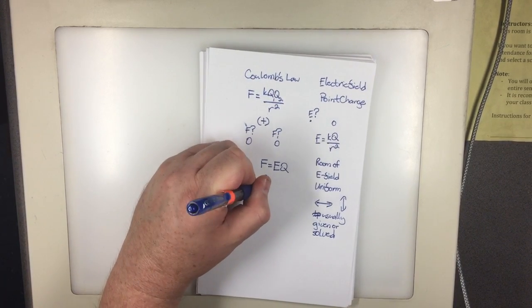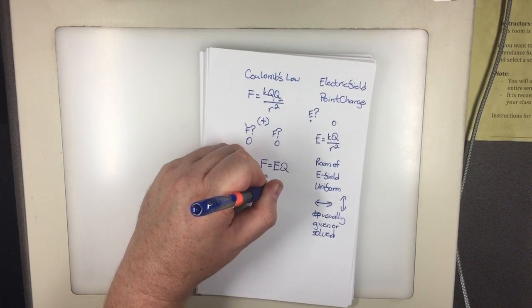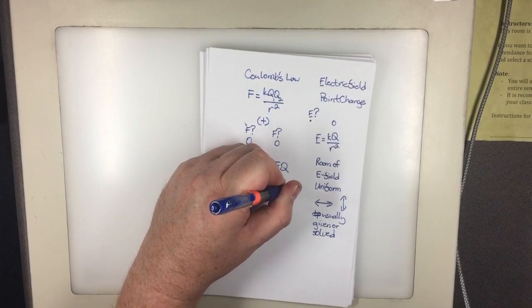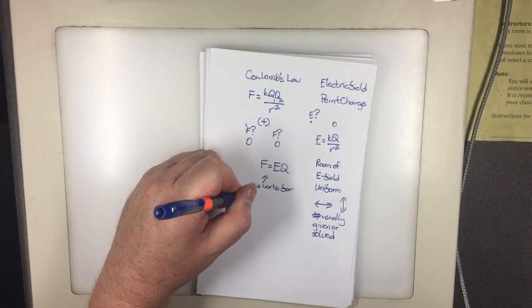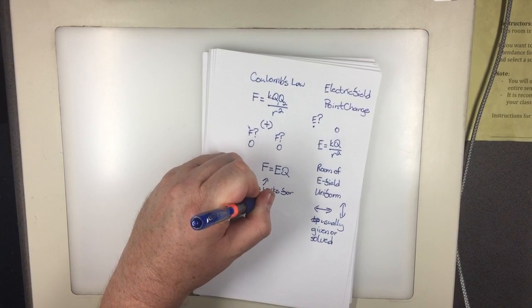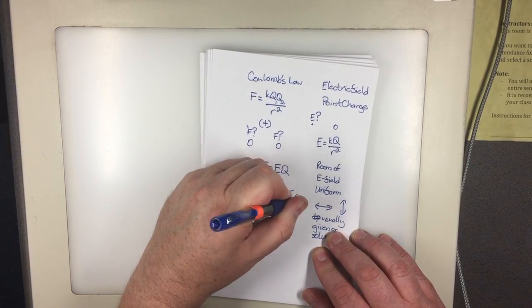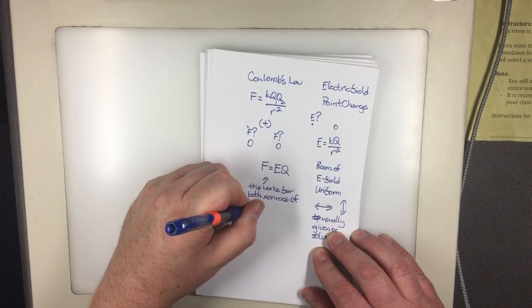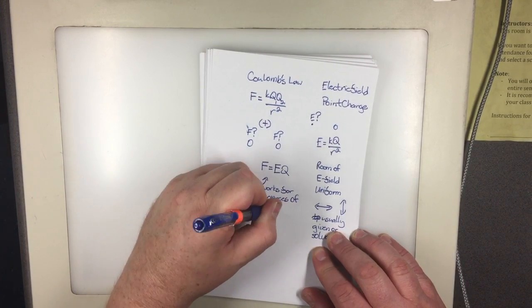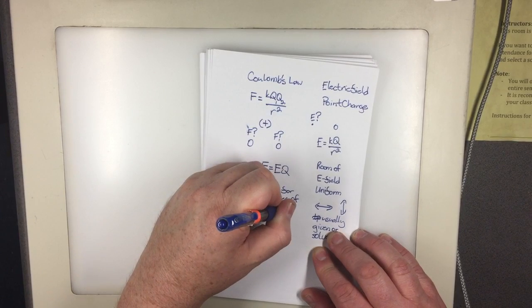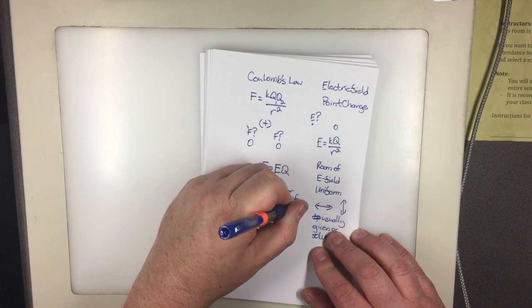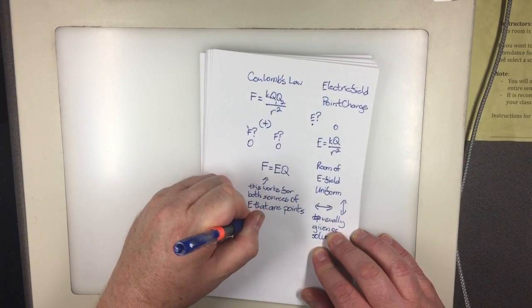This works for both sources of E that are points or rooms.